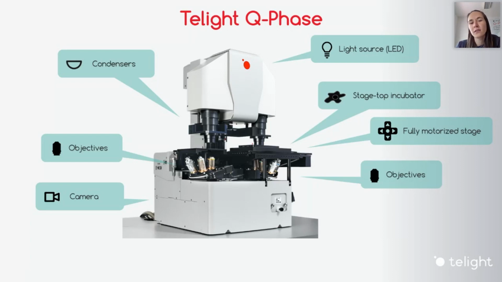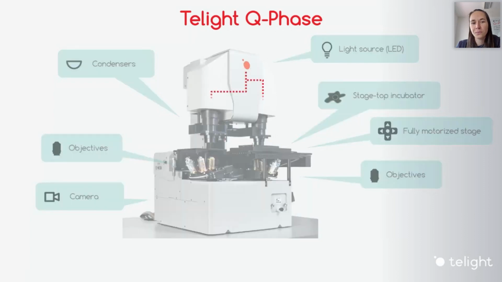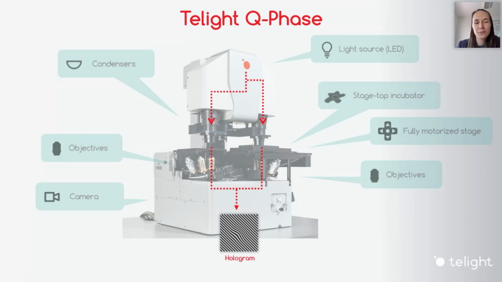On the right side, in the object arm, we have equipped the microscope with a fully motorized stage and a stage-top incubator to ensure the right conditions for the cells in long-term experiments. So this is a diagram of how these two beams pass through the microscope and interfere to form the hologram.